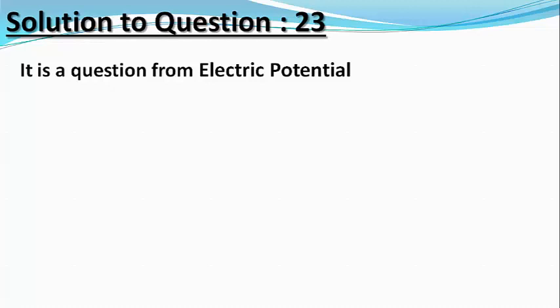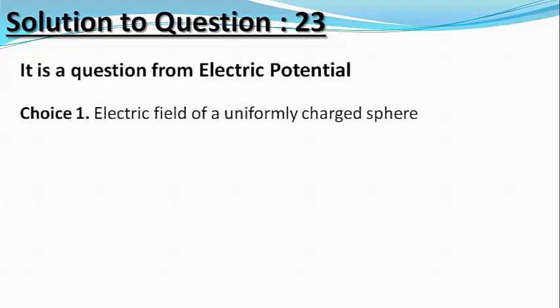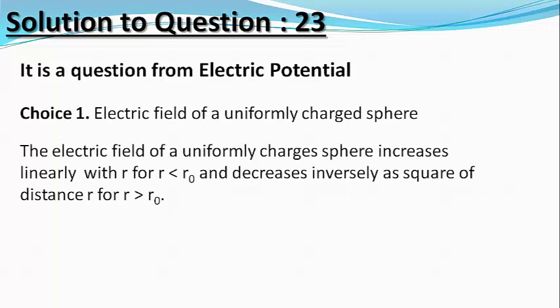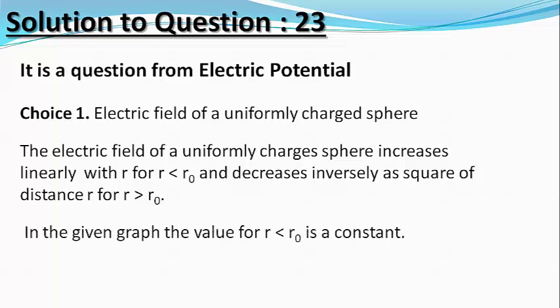Let us now examine each of the four choices one by one. Choice 1. We know that the electric field of a uniformly charged sphere increases linearly for r less than r0 and then decreases inversely as the square of distance r for r greater than r0. Whereas in the given question, for r less than r0, the value is a constant.